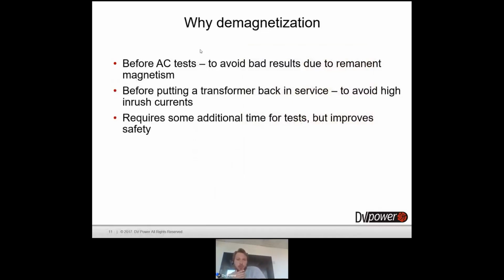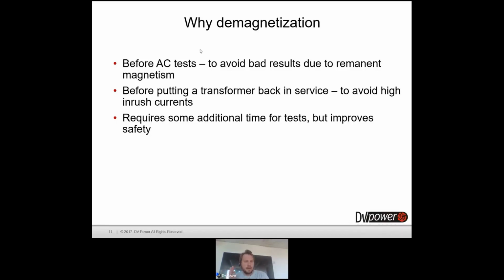So why and when should we perform demagnetization? I think that even now you can draw a conclusion about this question regarding the previously presented theory. It is highly recommended to perform demagnetization before AC tests, such as frequency response analysis test, excitation current test, and magnetic balance test.